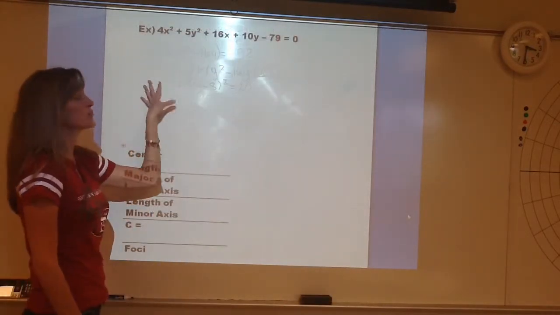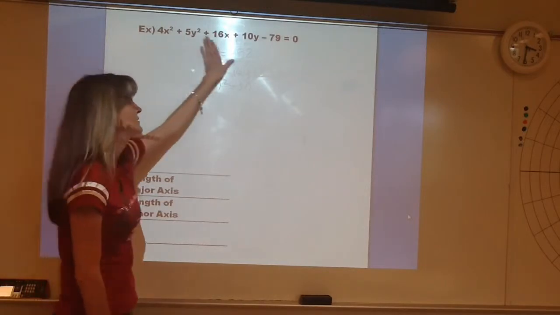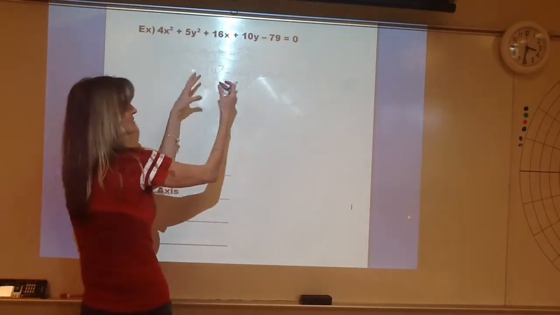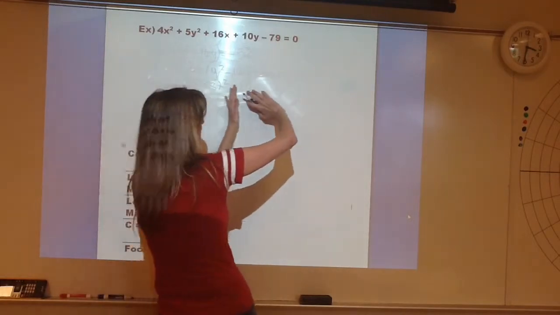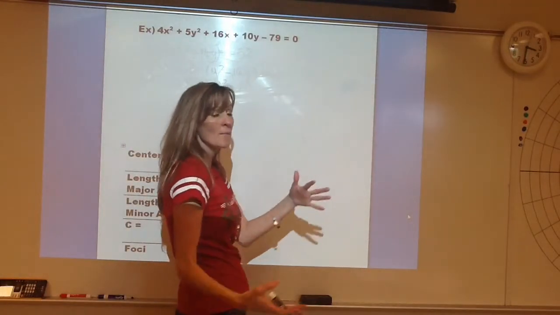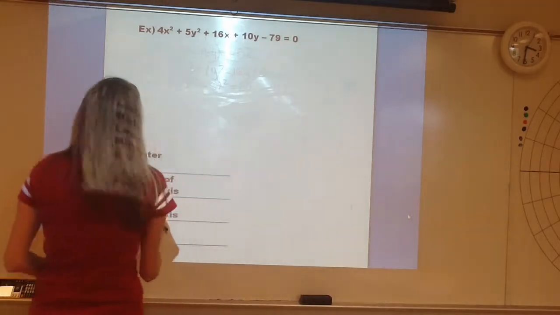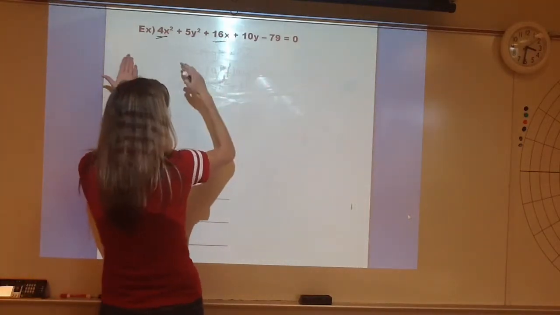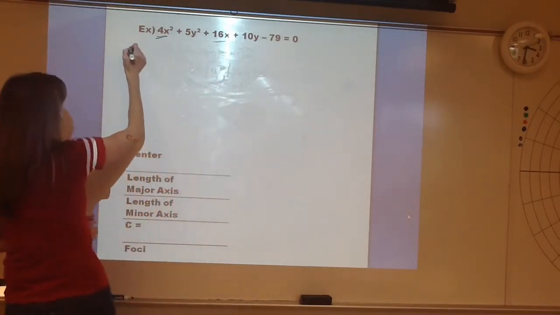Okay, let's practice another one where we have to write this in the ellipse form. Remember, I want to group my x's together and my y's together all on the left side. Then I want my constant on the right, and I'm going to want my constant to be 1 when it's all said and done. So I've got my x's, and they're already on the left side, so I want to group them together.